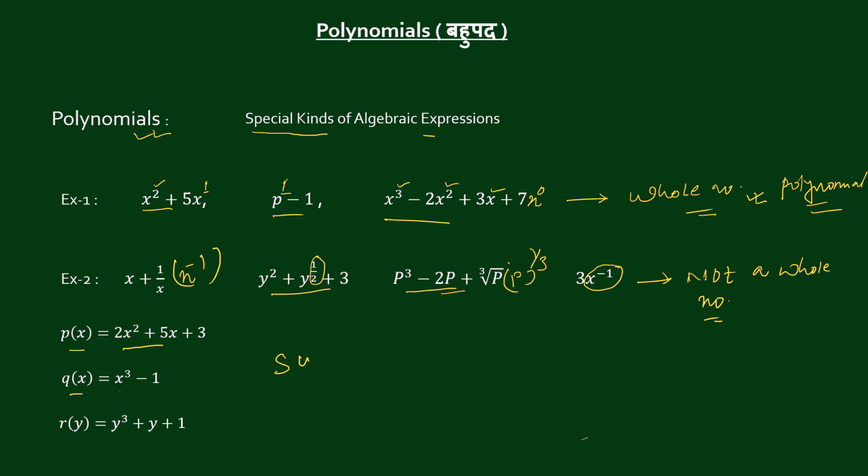Similarly, if I write s(u) is equal to 2 minus u square plus 6u cube. That means s(u) represents a polynomial in variable u. So these are the ways in which a polynomial can be represented.